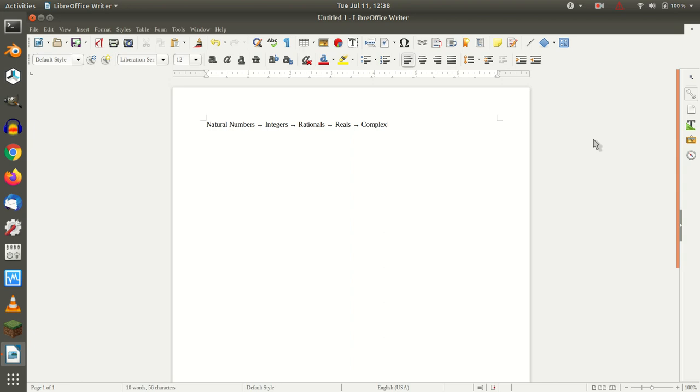Okay? And so what you get here is, within the integers, there are things that are not natural numbers. Those are the negatives. Within the rationals, there are things that are not integers. Those are fractions. Within the reals, there are things that are not rationals, and those are the irrationals.